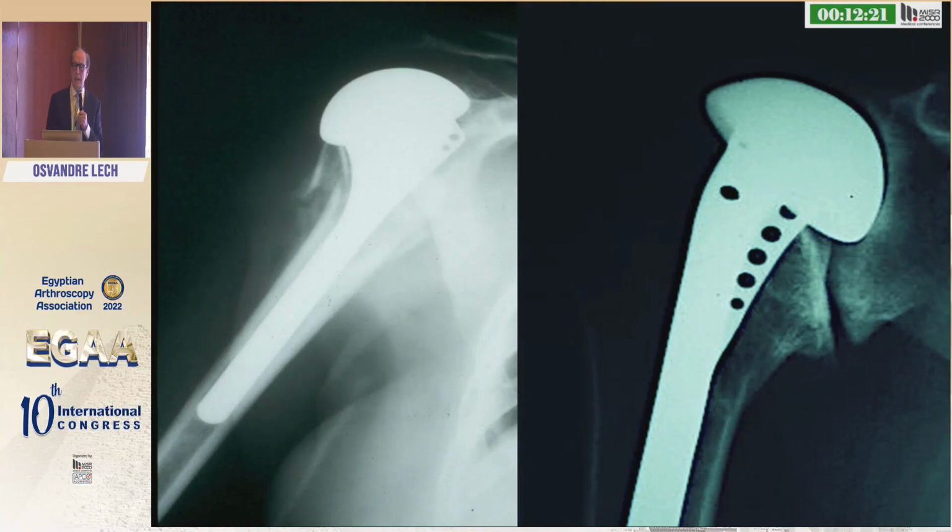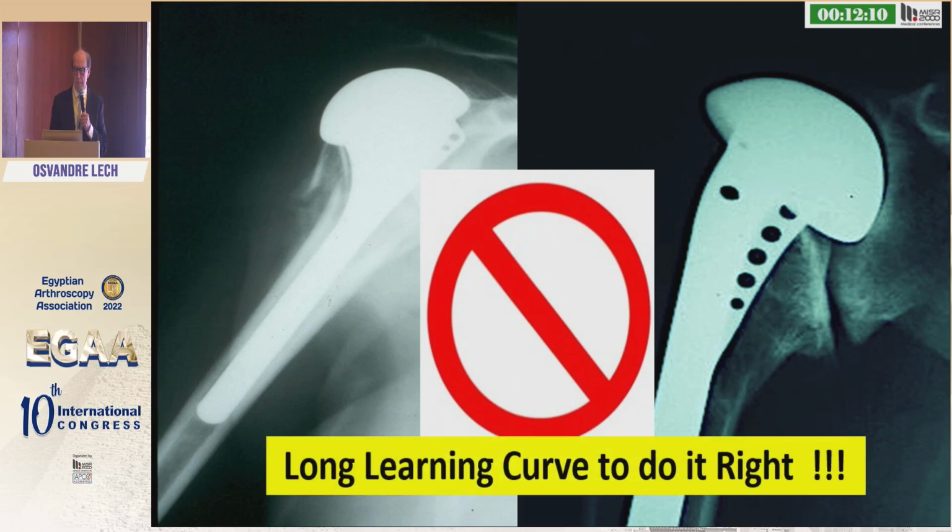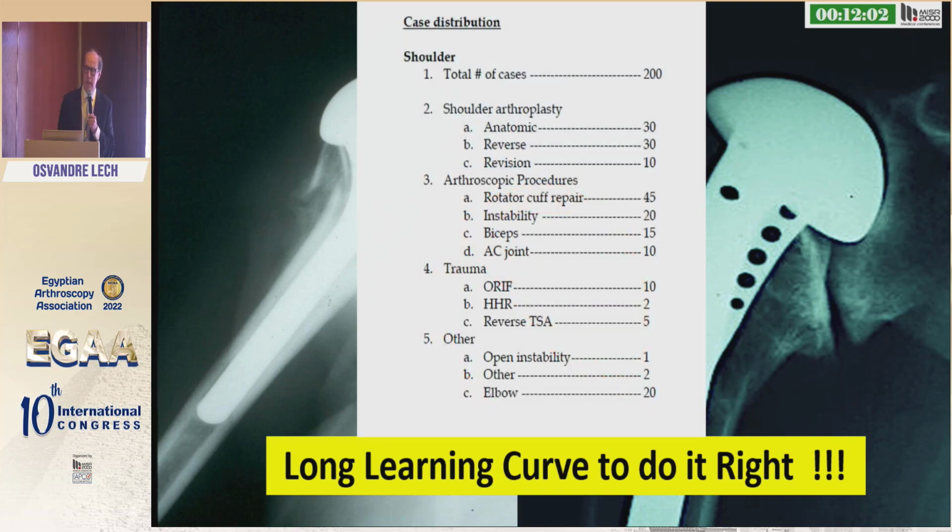So there is no place anymore for wrong retroversion or very high implant. This is all past, I suppose. But there's a long learning curve to do it right. It's not just use your fingertips for that.